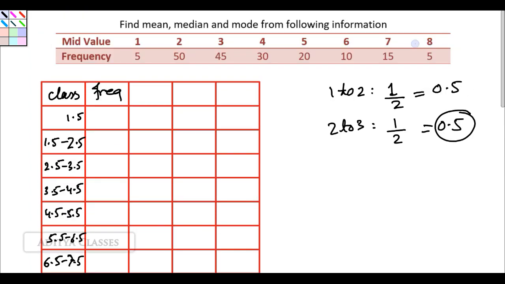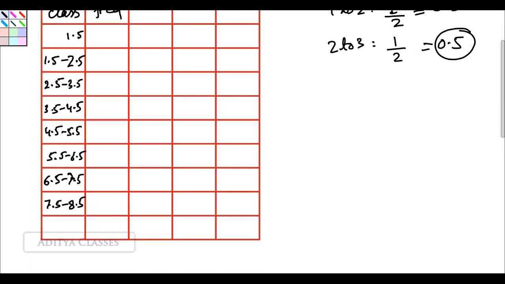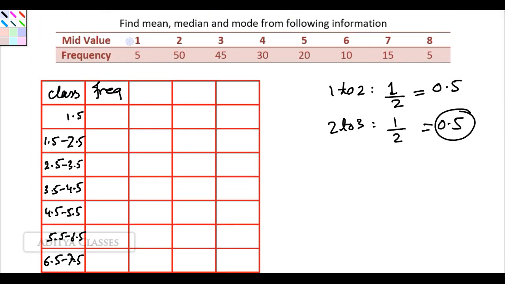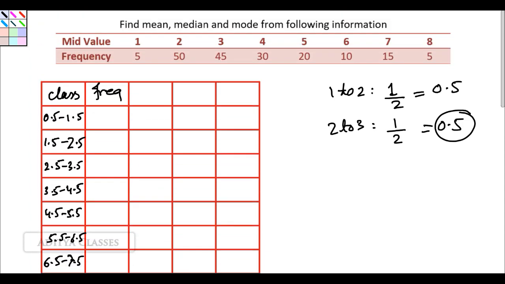Last one is 8. So mid value of 7.5 to 8.5 would become 8. So I guess we are done. And in case of 1 also, this will be going behind by 0.5 for symmetry. So it will be 0.5 to 1.5. Now we have our classes.